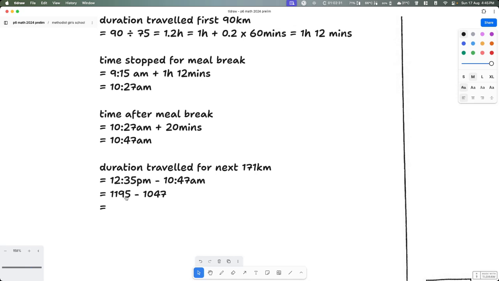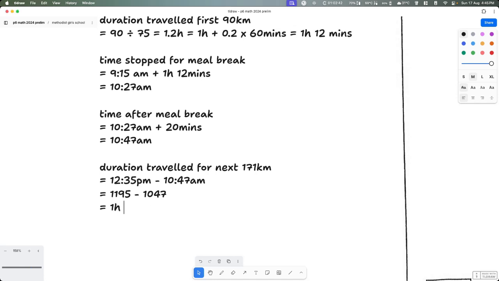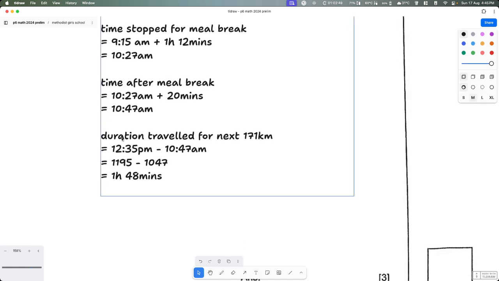Let me just do that. 11:95 minus 10:47 gives us 1 hour and 48 minutes. Correct. Okay, so 12:35. Let's double confirm.